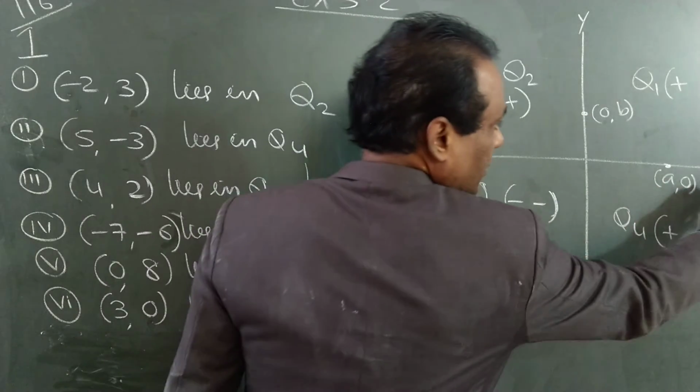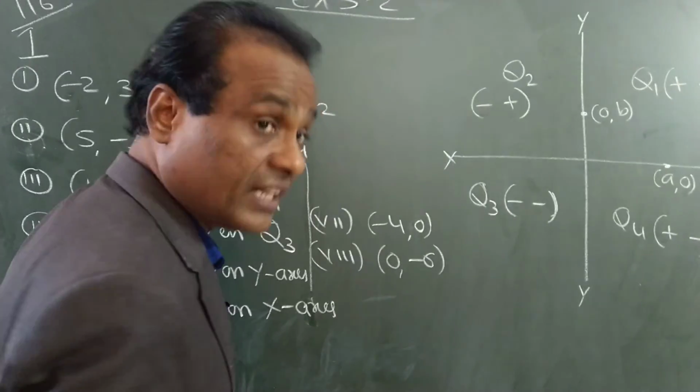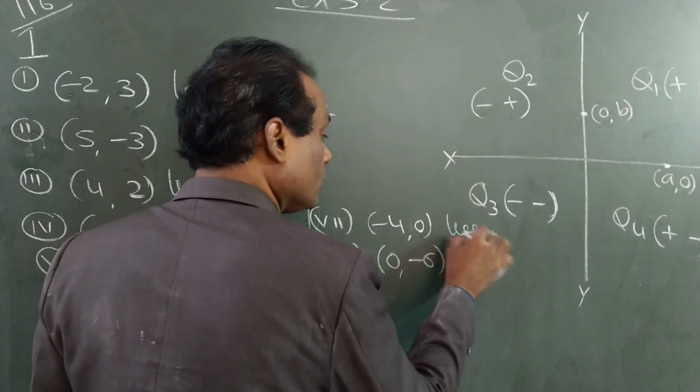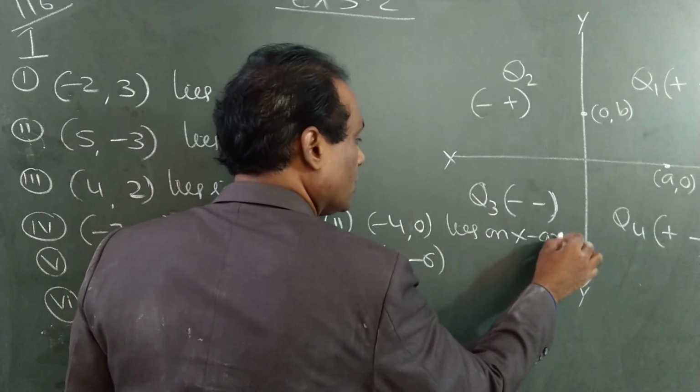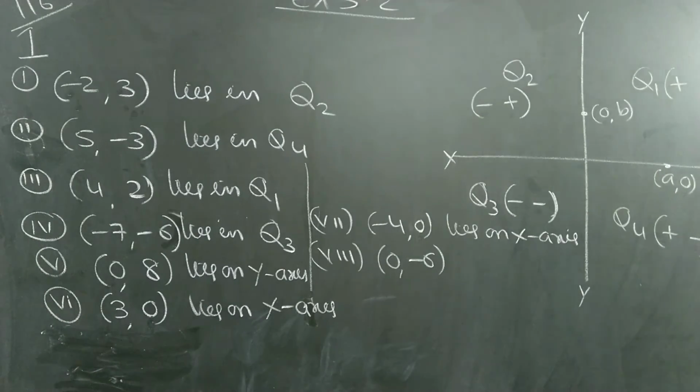Y coordinate 0 means lies on x-axis. Write down: here y coordinate is 0, lies on x-axis.